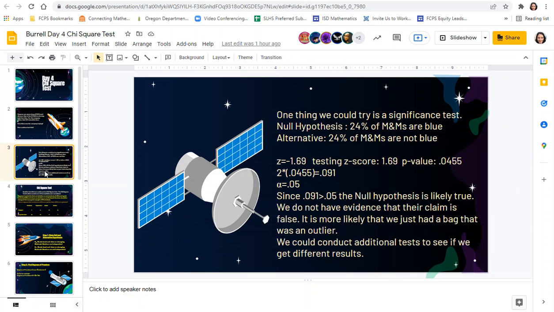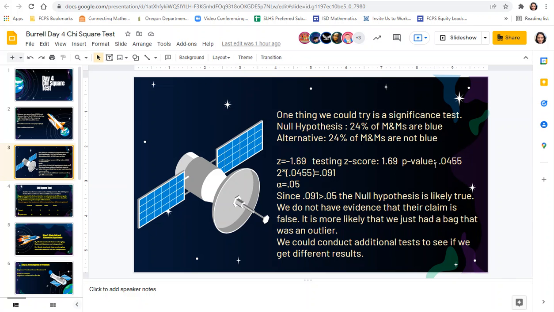All right, so in the past, we did do significance tests, and you could have a null hypothesis that 24% of M&Ms are blue. In general, maybe not your bag. And the alternative is that 24% of M&Ms are not blue. If you go through the steps of significance testing, you would get a z-score of negative 1.69, and remember that we take the absolute value of that, which made it positive.